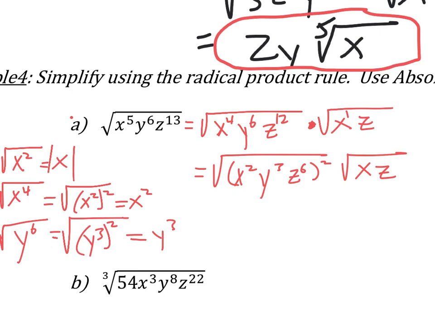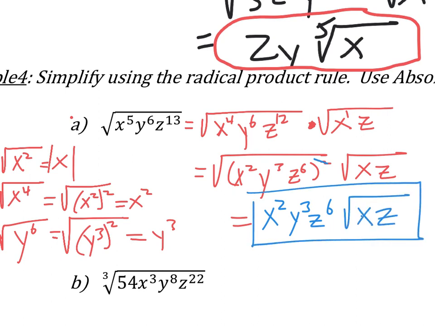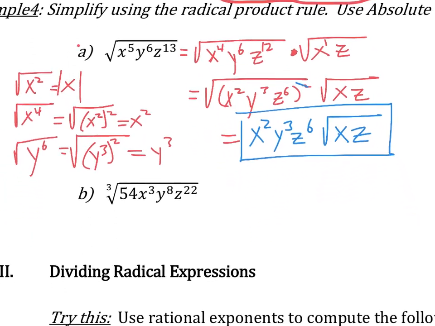So it is all equivalent. And so what we can do now is this square root is going to cancel out that exponent. And so we're going to have x squared y cubed z to the sixth. And then we have some extras that we could not deal with, so they stay under the radical.